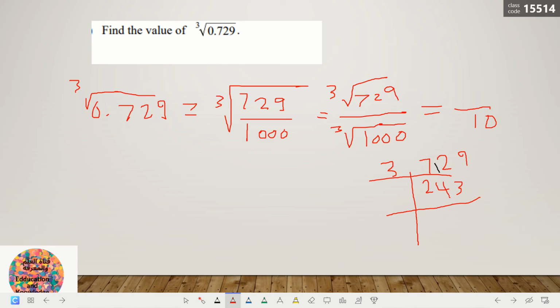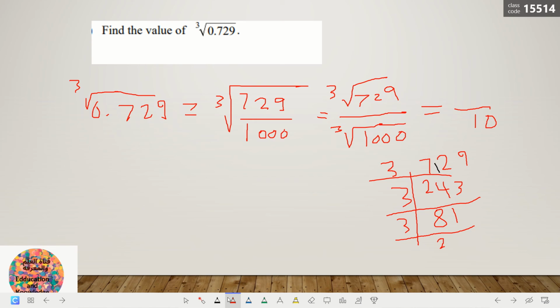Now I add the numbers here. 3 plus 4 is 7, plus 2 is 9, so it can be divided by 3 again. So I take 24 divided by 3, which is 8, then 3 divided by 3 is 1. I can continue here. Divide by 3: 8 divided by 3 is equal to 2, and the remainder is 2.